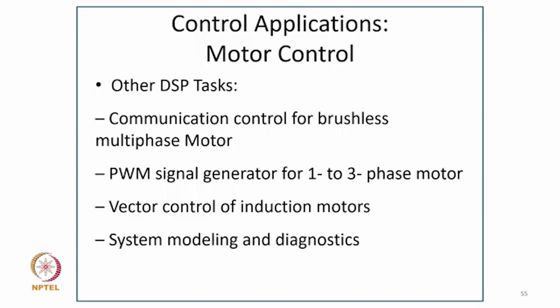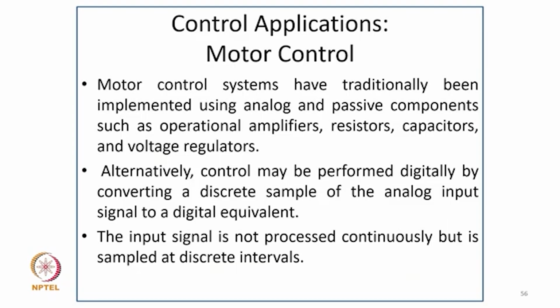Then other DSP tasks are communication control for brushless multi-phase motors, and predominant signal generation for 1 to 3 phase motors, and vector control of induction motor, and system modeling and diagnosis. So motor control systems have traditionally been implemented using analog and passive components such as operational amplifiers, resistors, capacitors, and voltage regulators.